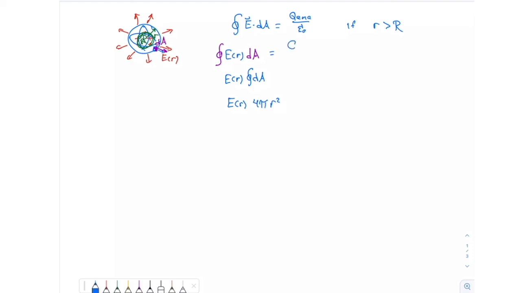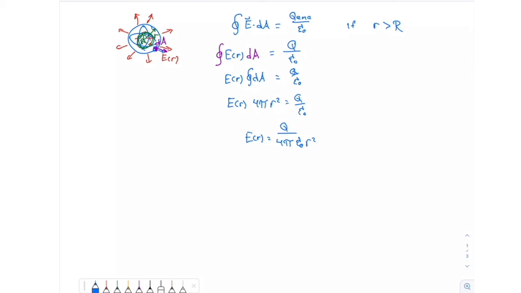And that charge enclosed is just the total charge Q. So I can write Gauss's law like this and solve for the electric field at a distance r: it's Q over 4 pi epsilon naught r squared.